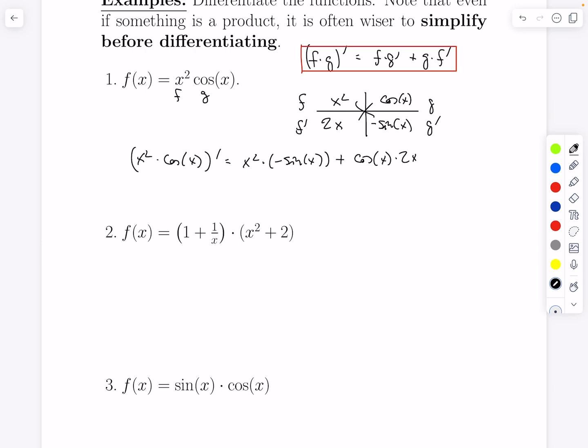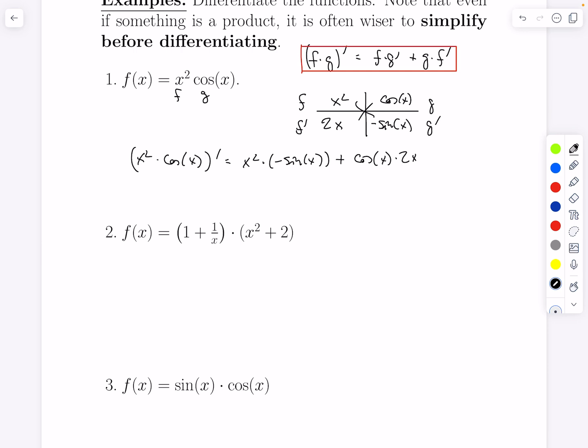And of course you can swap this around, yeah, because when we have multiplication we have the commutative law, and when we have addition we also have this law, yeah. So it could be minus sine x times x squared, or 2x times cosine x, and cosine x times 2x could be in the front, and x squared times minus sine x could be in the back, yeah.